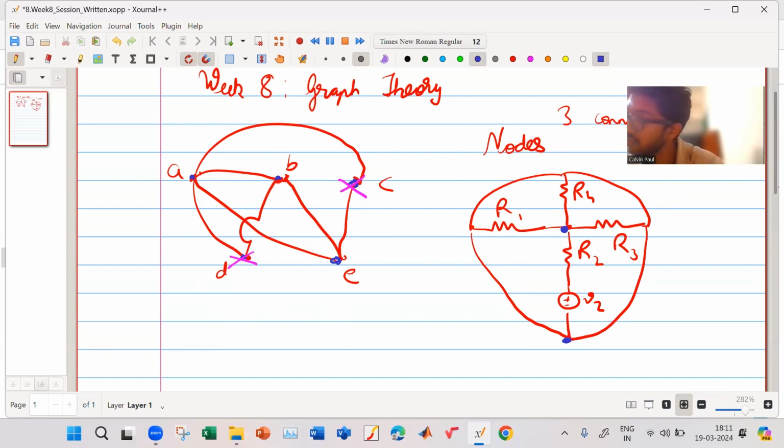If you see, let me draw this in a different color. This is one node. These 4 points are actually the same point, right? They're just connected by a short. So it's basically the same point.